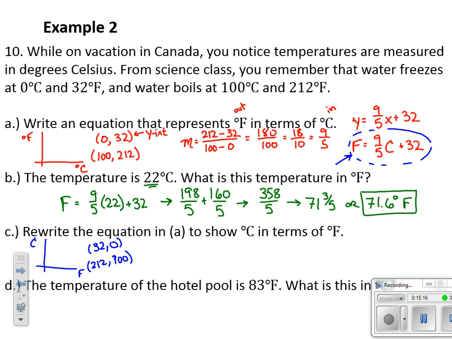So if I'm going to solve that one for C, I'm going to first start by subtracting 32 from both sides. And then I want to divide out that 9/5, which means I multiply by the reciprocal, 5/9.